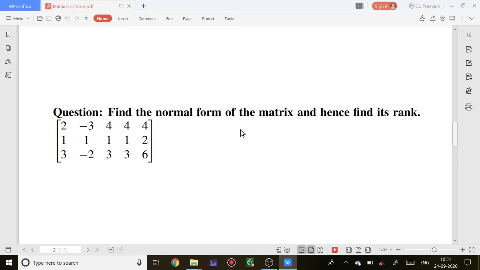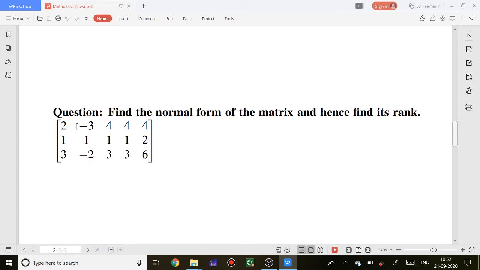The question is: find the normal form of the matrix and hence find its rank. The matrix is 2 -3 4 4 4, 1 1 1 1 2, 3 -2 3 3 6. If you look at this matrix, it is a 3 by 5 matrix.